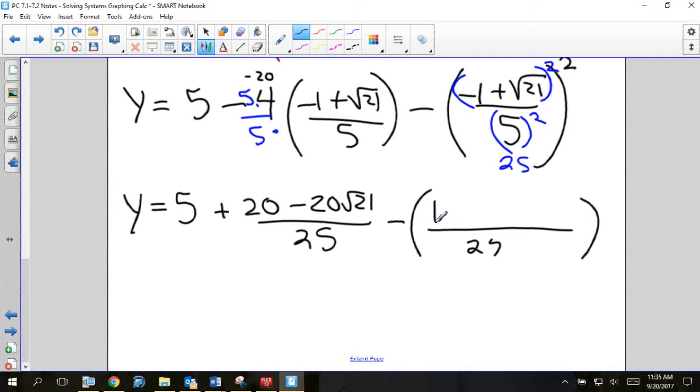Then my last term is the last one multiplied by itself, so that one would be 21. My middle term is my outer and my inner. My outer is going to be -1 times radical 21, and my inner is going to be -1 times radical 21, which are these 2 terms right here.